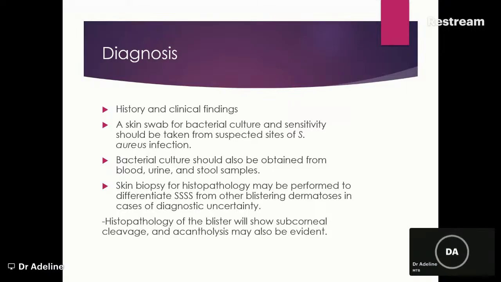We can also send blood cultures, urine cultures, and stool samples. We can also take a skin biopsy for histopathology to differentiate this condition from other blistering dermatoses. The histopathology usually shows, as mentioned before, subcorneal cleavage and acantholysis.